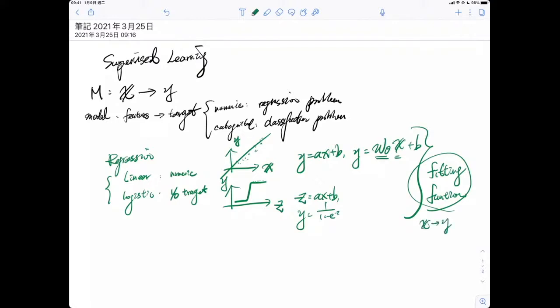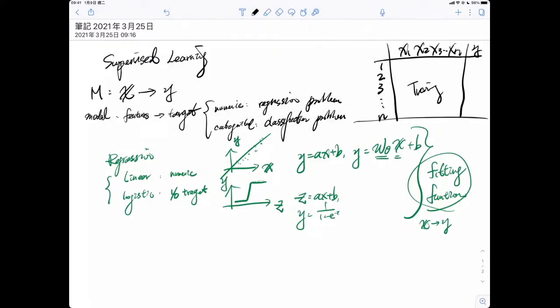So when you draw x and y in a multi-dimension space, I would like to find a line, like linear regression, or a shape, a curve, like logistic regression. I would like to fit this line to the training data set. As we mentioned before, we have a training data set, so I'd like to find a line to fit the training data.